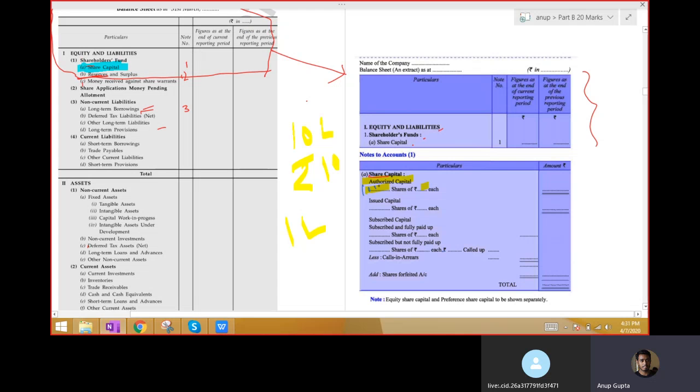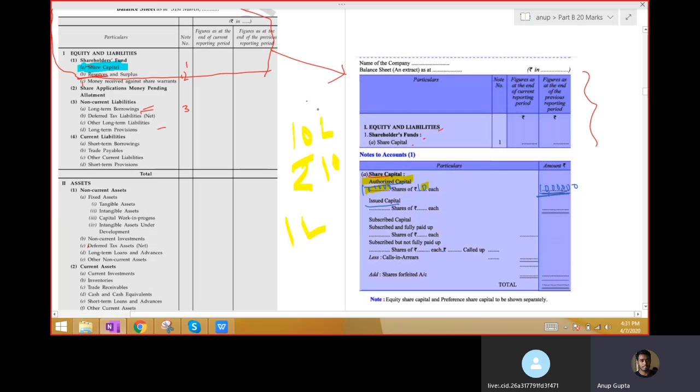So we'll write here 1 lakh shares of rupees 10 each, and here we'll write 10 lakh, and then we'll close it. See, we have closed it. Then comes the issued capital, because first is authorized and then issued.